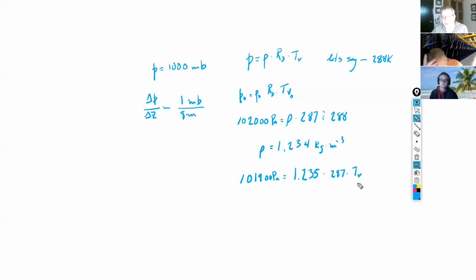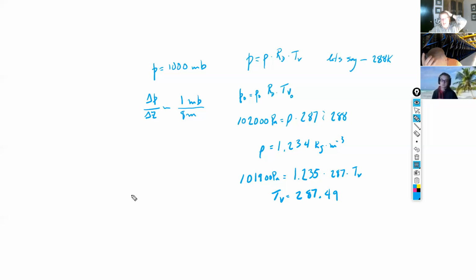So what would the virtual temperature be if the density goes up by a thousandth of a kilogram per meter cubed? 287.49.